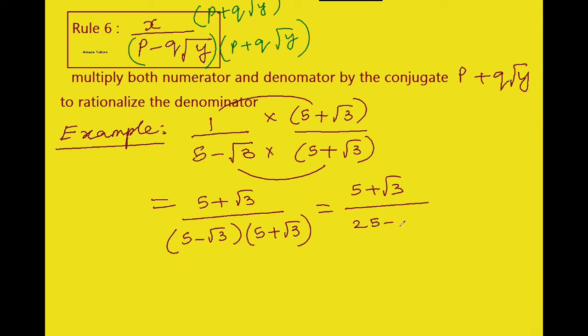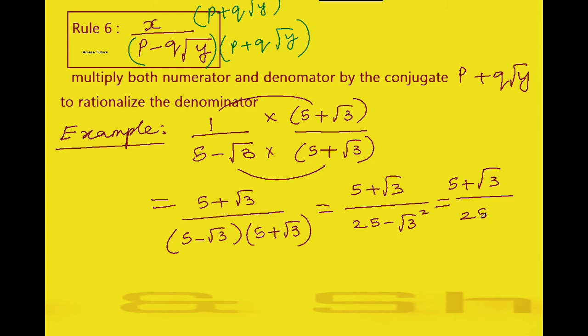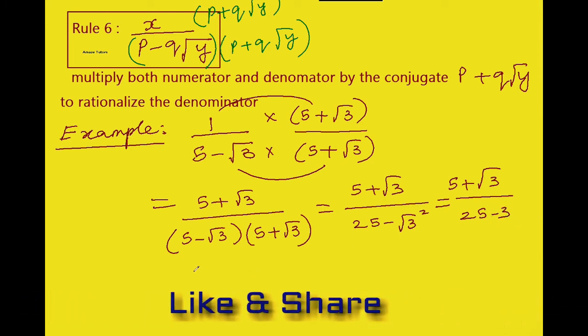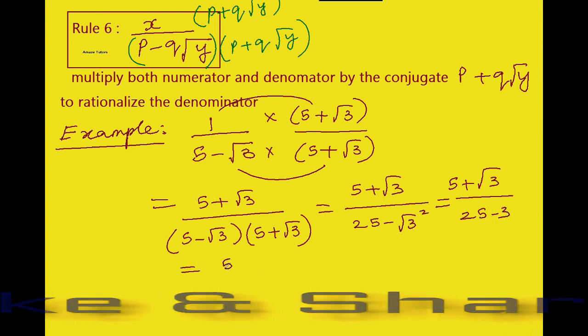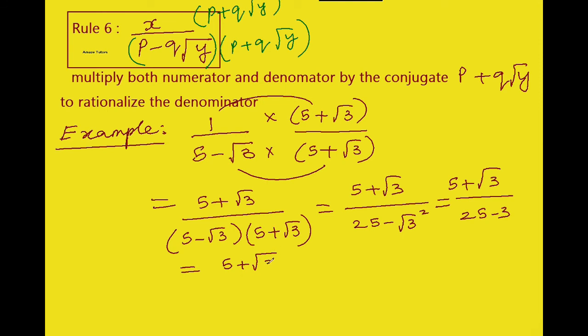A squared is 5 squared, 25, minus root 3 the whole squared, which is 3. So 25 minus 3. Now the final answer for this question is 1 over 22.